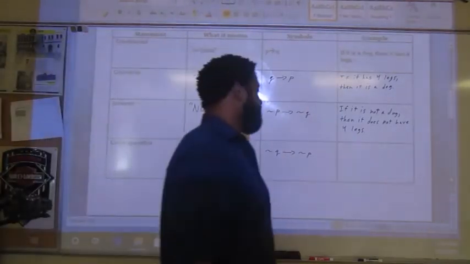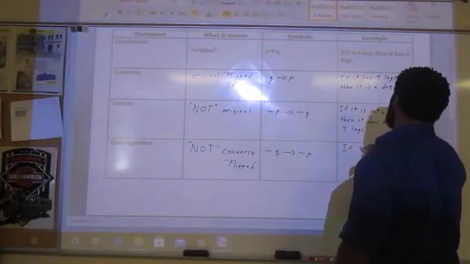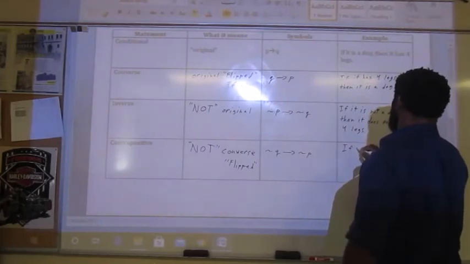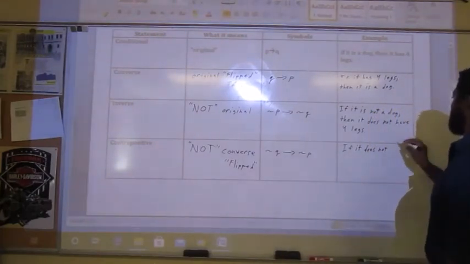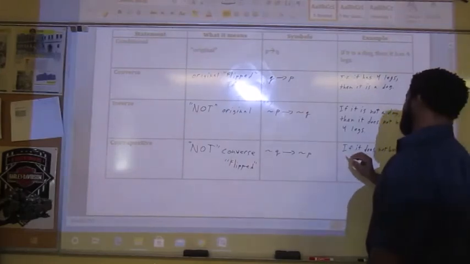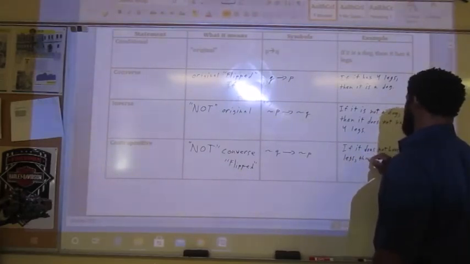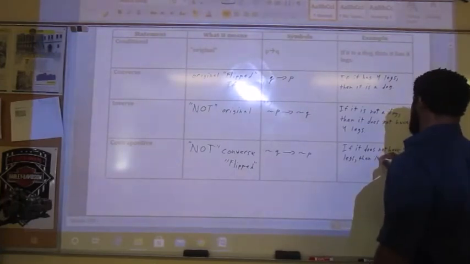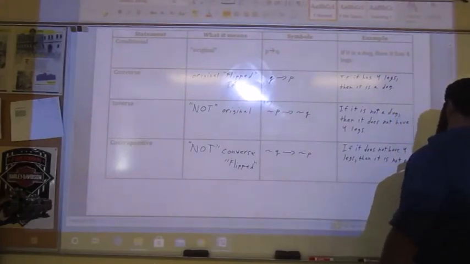All right? What does this look like? If it does not have 4 legs, then it is not a dog.